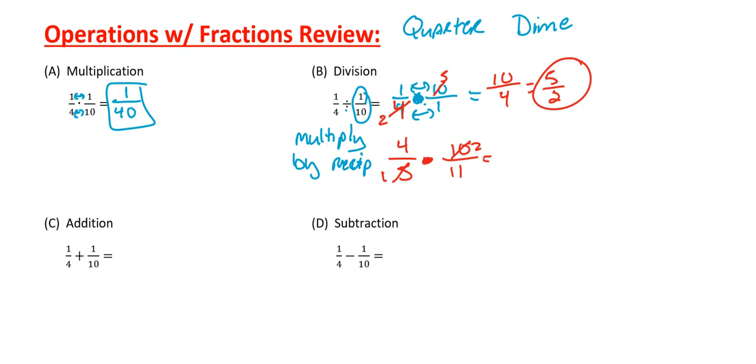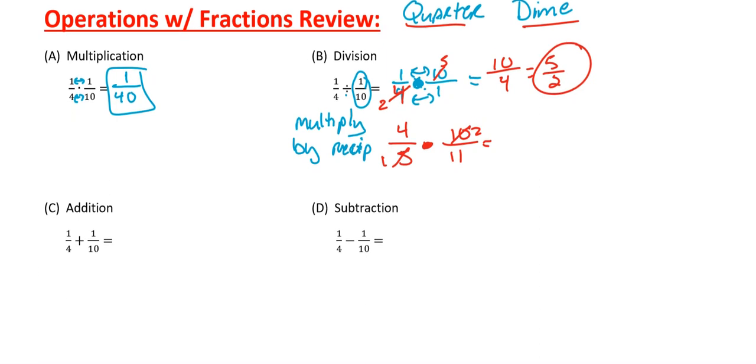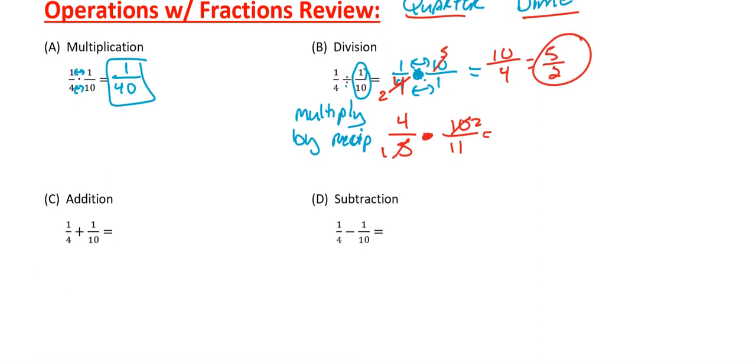All right, so when it comes to addition and subtraction, this is when thinking of a quarter and a dime makes a little bit more sense. For addition and subtraction, we need a common denominator. I'm just going to write it for both.